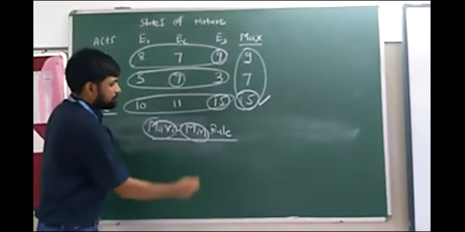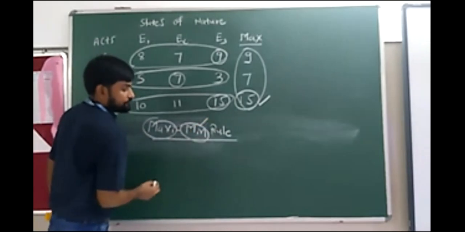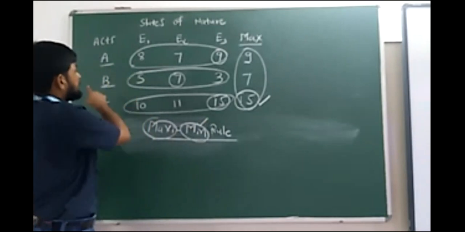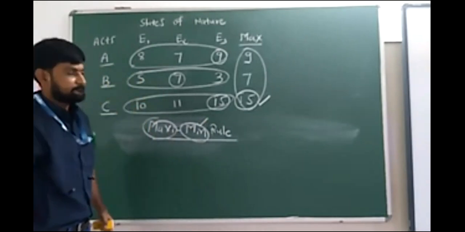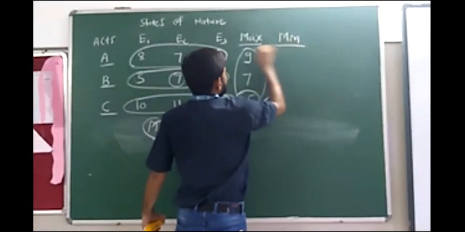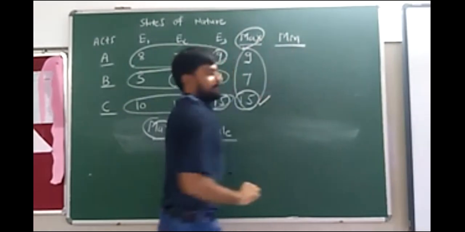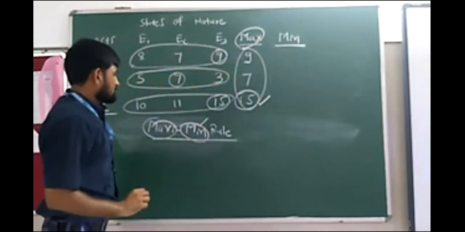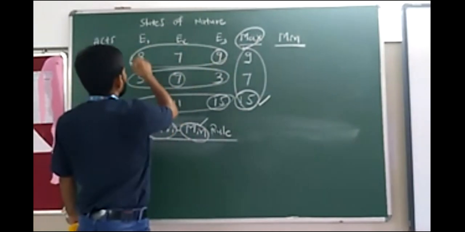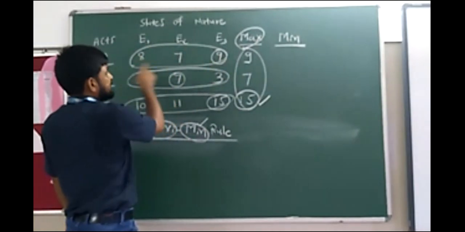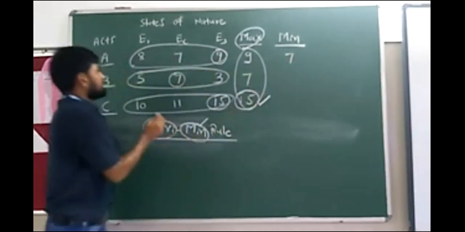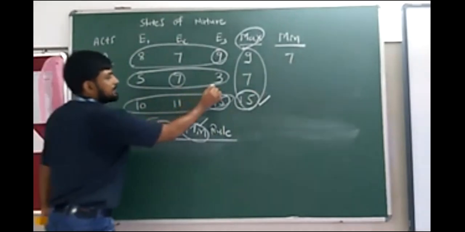First of all, we'll find the last word, that is minimum payoff, for Act A, Act B and Act C. So instead of finding maximum, now we'll find minimum. What is the minimum payoff for Act A? The minimum is 7. Now what is the minimum for Act B? It is 3.